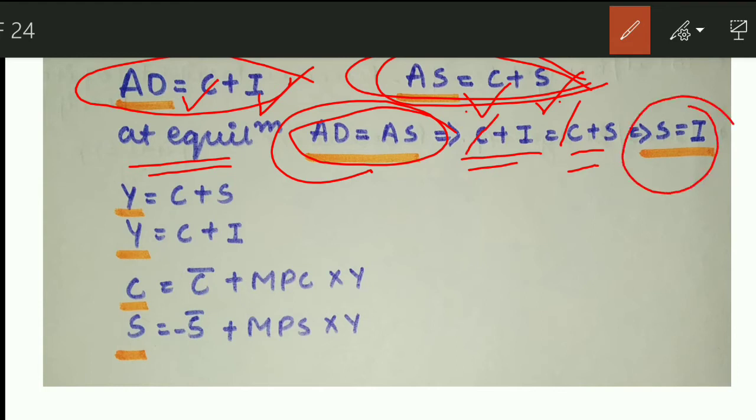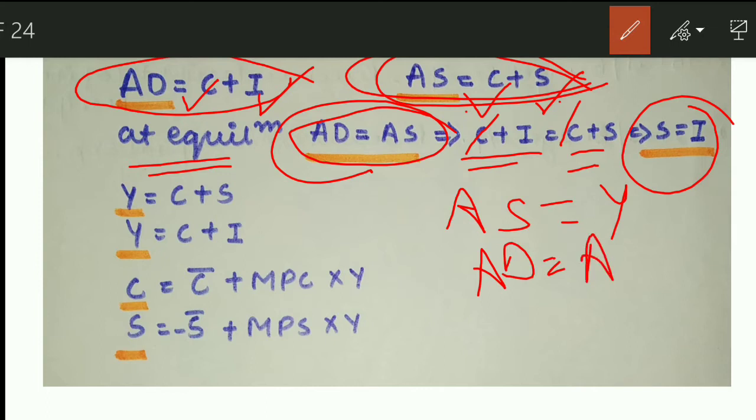So if we remove consumption from each side, we get that saving is equal to investment at the point of equilibrium. You all know that aggregate supply is equal to income. That is what we studied earlier, right? And aggregate demand is equal to aggregate supply at the point of equilibrium. So it means that aggregate demand is also equal to income at the point of equilibrium.